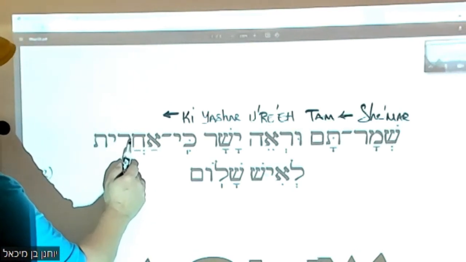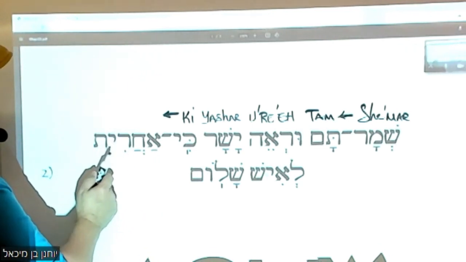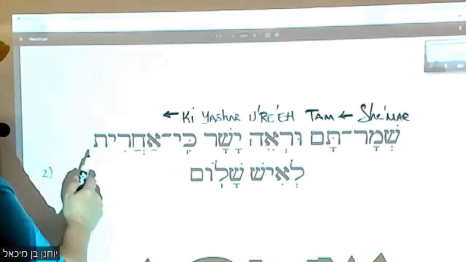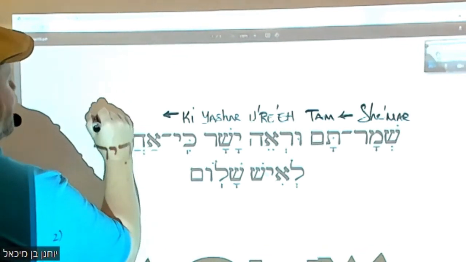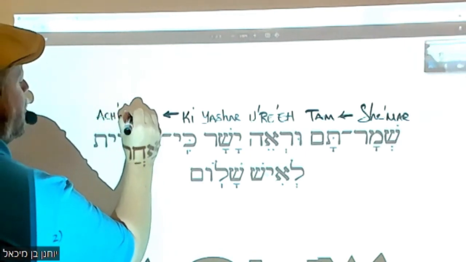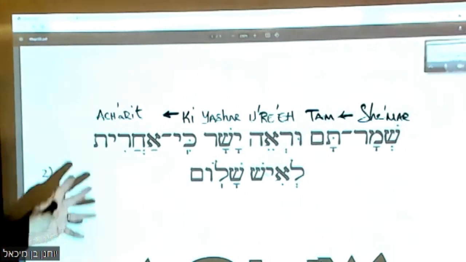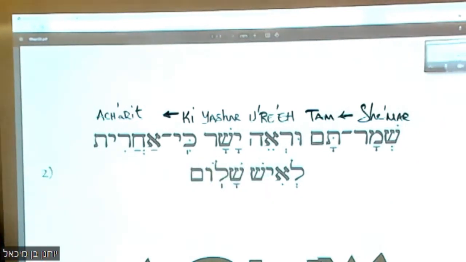Then we have a resh pointed chirik yod with tav behind it, acharit. You could pronounce that acharit or achrit because of the chatef patach. It's so short that you can just kind of drop it a little bit. All right, achrit.